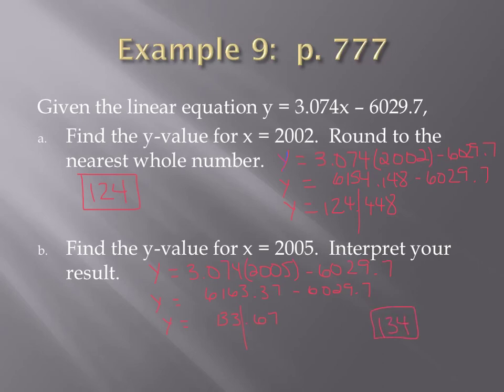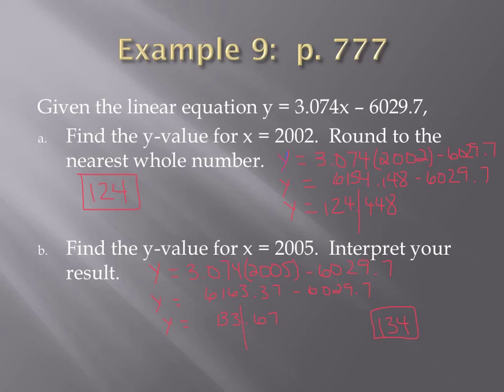Alright, so if you look at the context of the problem on the page in example 7, on the main part of the page, it says completing ordered pairs to estimate the number of twin births. So the number of twin births in the United States has increased steadily in recent years. The annual number of twin births from 2000 through 2005 can be closely approximated by the linear equation that we've been using, y equals 3.074x minus 6029.7. So that means that x represents the year, which is what we plugged in.